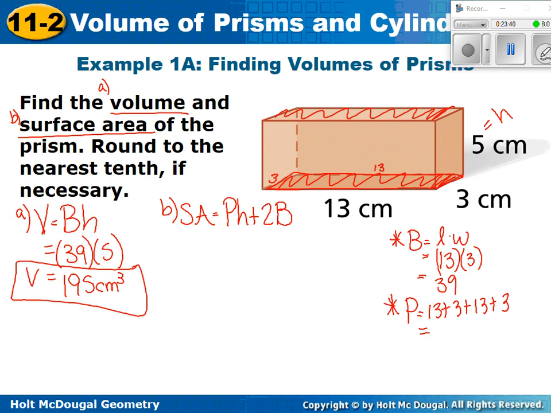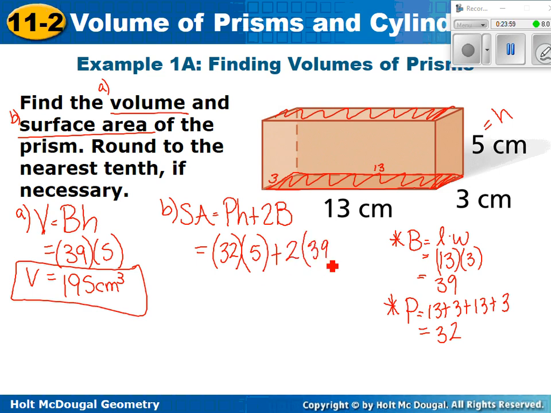Careful. 32. So now we have our perimeter is 32, and we're ready just to plug it all into our formula here. So 32 goes in for P. What goes in for H again? 5 plus 2 times what goes in for capital B?